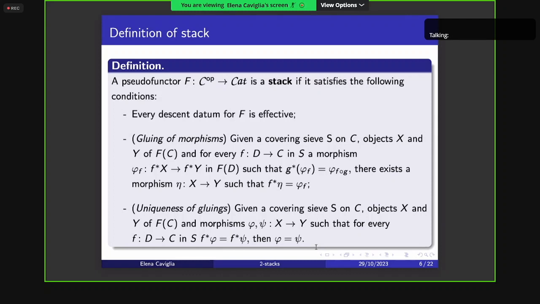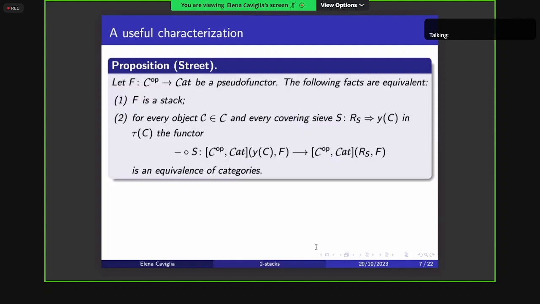But if we try to generalize this definition one dimension higher, then it becomes difficult because we don't know what the right coherences are that we need to ask in one dimension higher. And because of this, we are going to take inspiration from another characterization of the notion of stack that has been proposed by Ross Street.